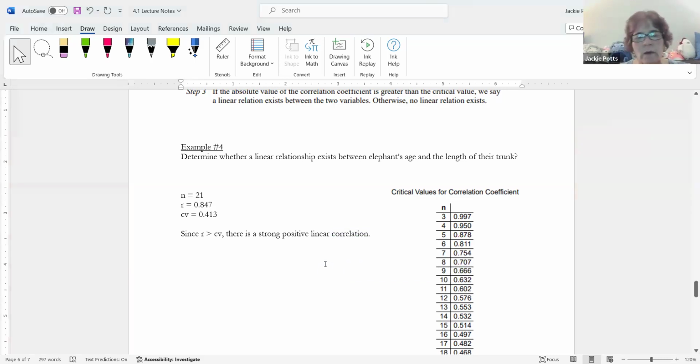Oh, it's because I didn't put a period. Oh, gee. All right. So when we make these final statements, you need to make sure you include the strength, positive or negative, and the shape, which in this case should always say linear.